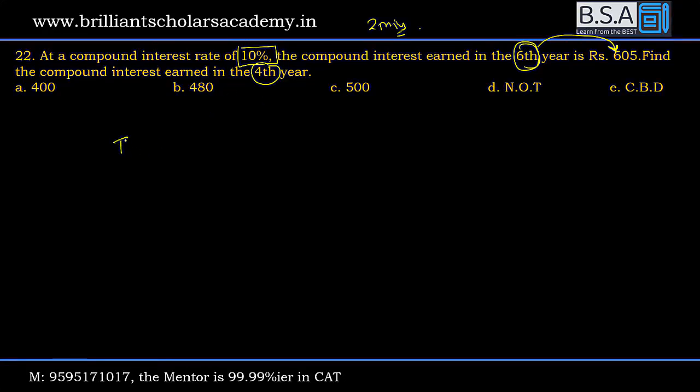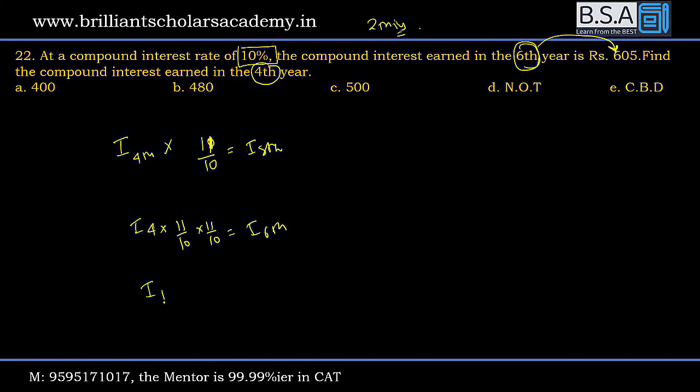I do not know the fourth year interest, but when it is raised by 10 percentage, I will have the fifth year. It is again raised by 10 percentage, I will have the sixth year.